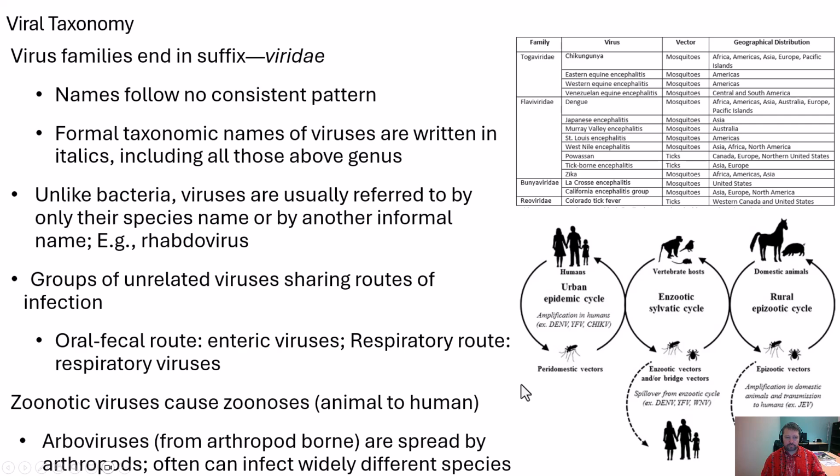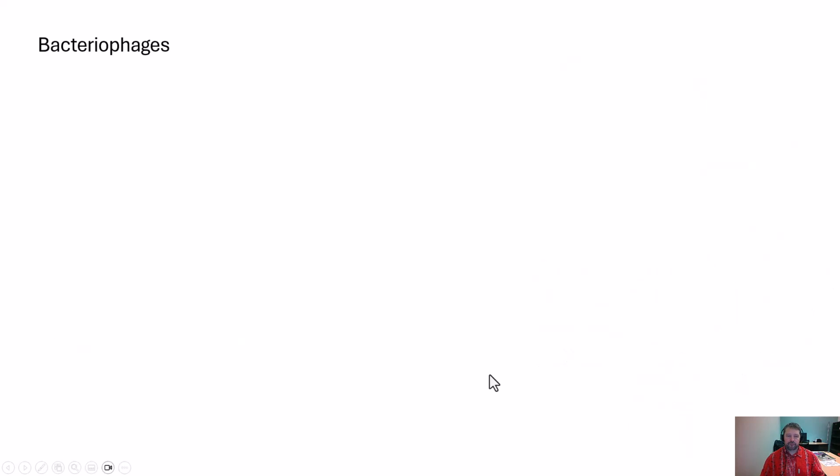And some of those species, like dengue fever and yellow fever, are now so ingrained in human populations that you don't need a different vertebrate host, and it can just be passed from human to human over and over and over again in urban regions or populated regions, not even urban environments.